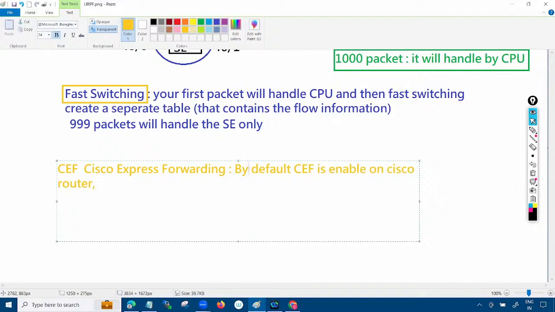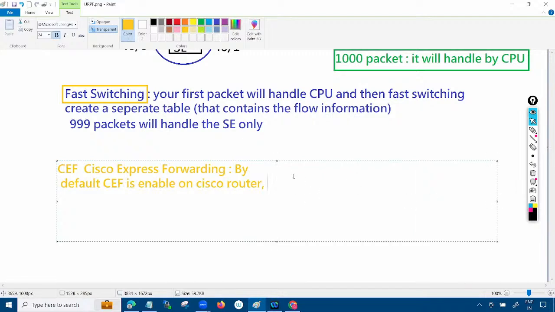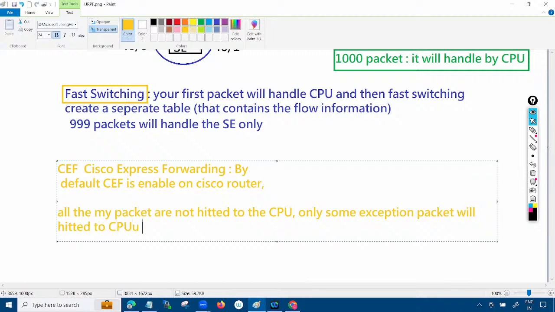In the CEF case, all my packets are not hit to the CPU. Only some exception packets will hit the CPU.